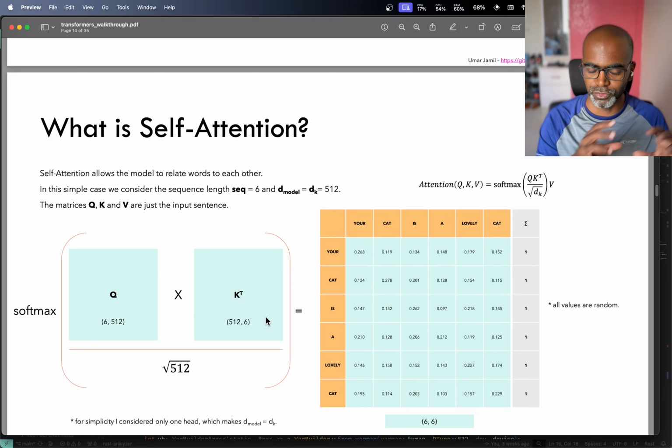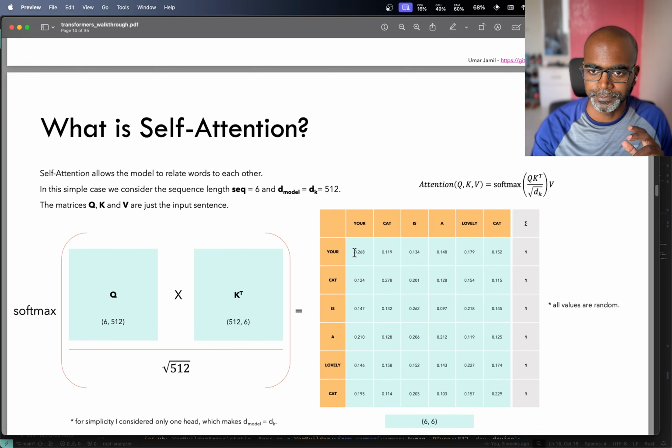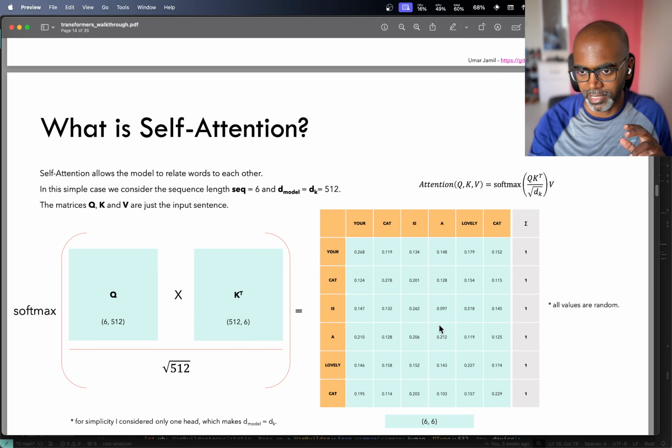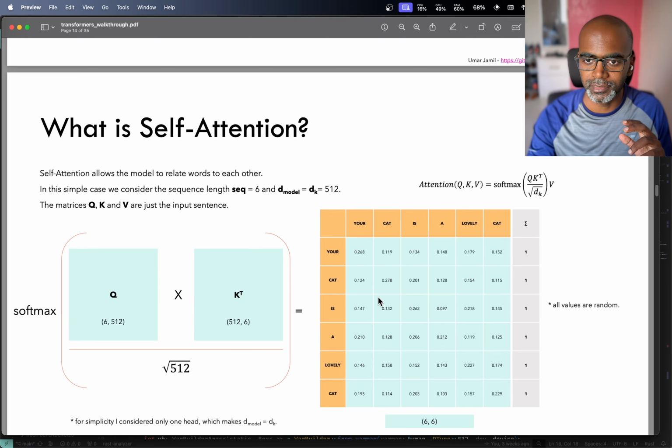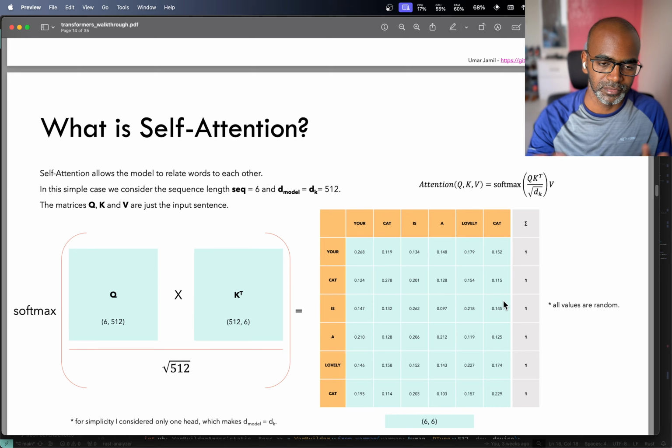If you see this word, then you can probably expect this word after it. Ideally, the scores that are diagonal are usually the highest because this word with this word is the same thing, so the score is probably the highest. Now, all these values are just random, as the slide says, but this is just an example.